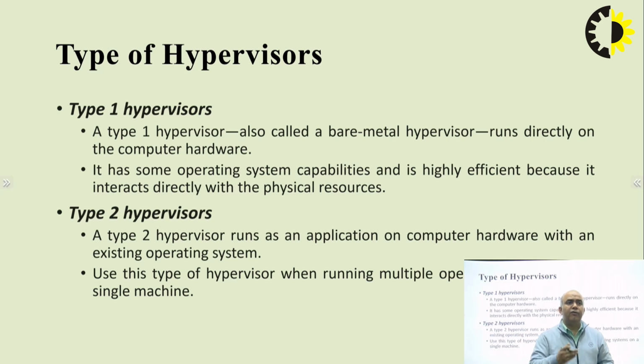But in the case of type 2, the given hardware already has an operating system installed, which is called the host operating system, and on that host operating system we can create multiple virtual machines with the help of an application such as VMware, VirtualBox, or Xen VirtualBox.